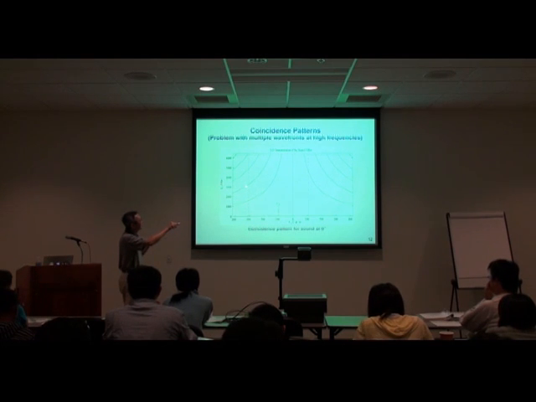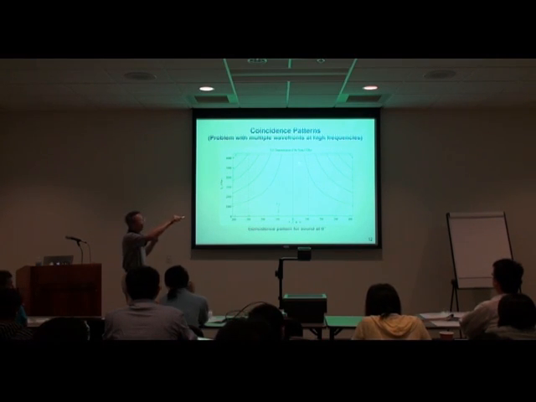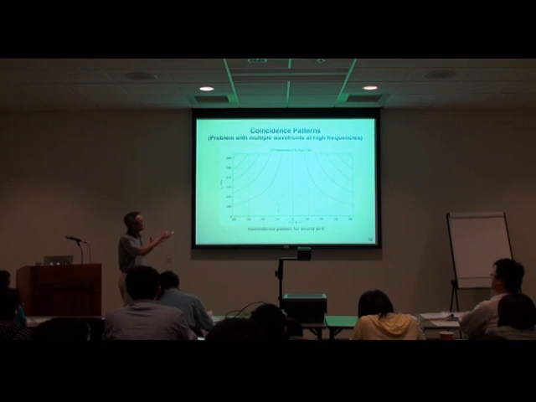At higher frequency, you have multiple ambiguities. Let's say at 3 kilohertz: this point, this point, this point, this point, and this point. At higher frequency, you have even more. This is what we call the stencil pattern. This is for 0 degree.